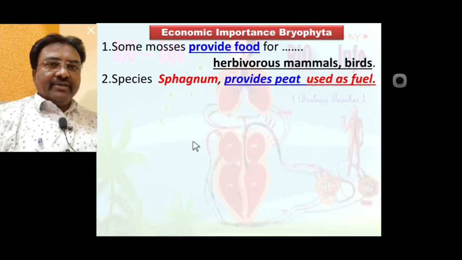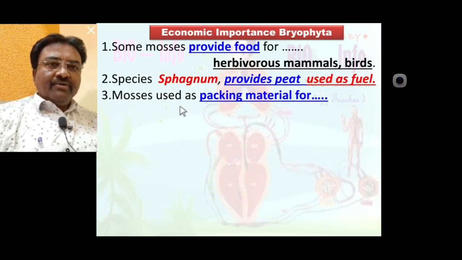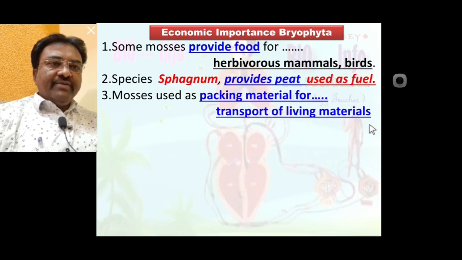Second economic importance: the species Sphagnum provides peat, used as fuel. This is the most important economic character of Bryophyta. Number third, mosses are used as packing material for transporting living material.